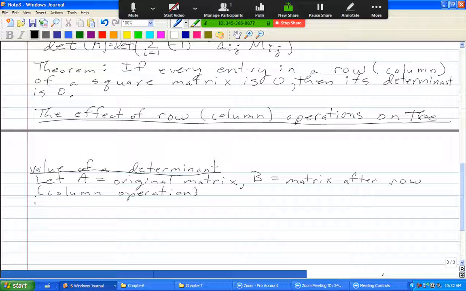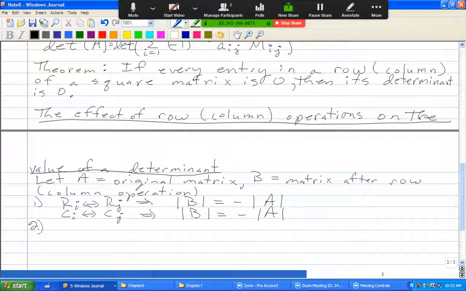Then, if I interchange two rows, then the determinant of B is opposite the determinant of A. So interchanging two rows or columns will cause the determinant to change sign.